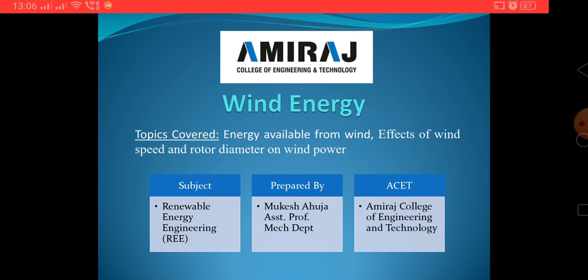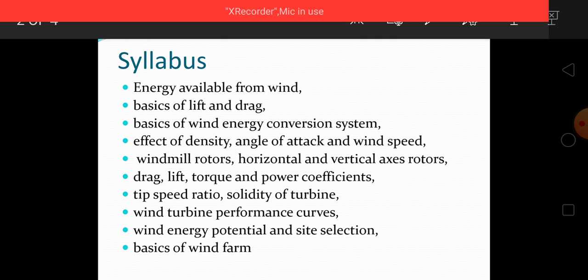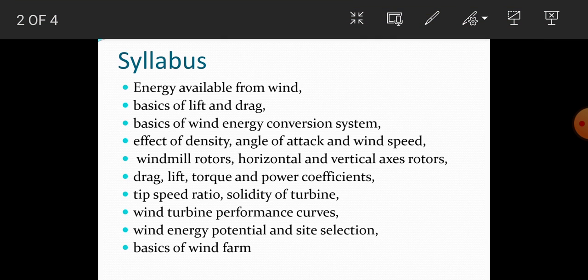So let's see first what are the topics which we are going to get familiar with in this chapter according to the syllabus. That is energy available from the wind, basics of lift and drag, then basics of wind energy conversion system, effect of density, angle of attack, and wind speed. Then different types of windmill rotors like horizontal and vertical axis rotors.